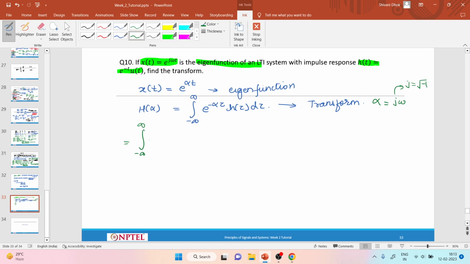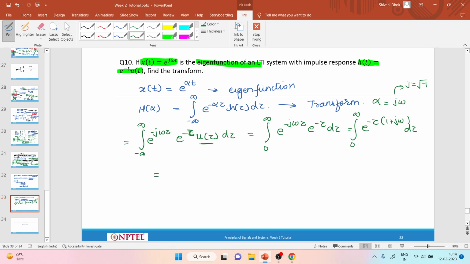So this is e power minus j omega tau, and your h of tau is e power minus tau u of tau, d tau. Now this unit step will just change your integration limits from 0 to infinity. e power minus j omega tau into e power minus tau d tau. This we can write as e power minus tau 1 plus j omega integration from 0 to infinity d tau.